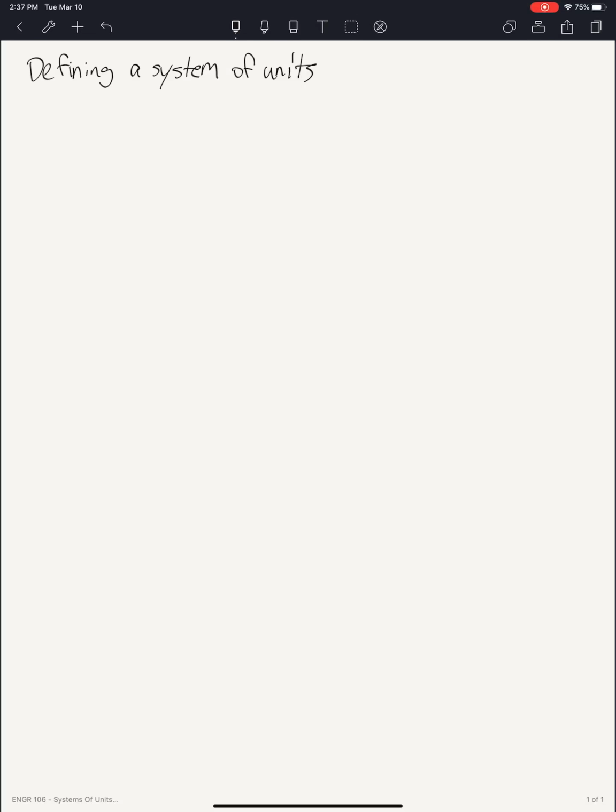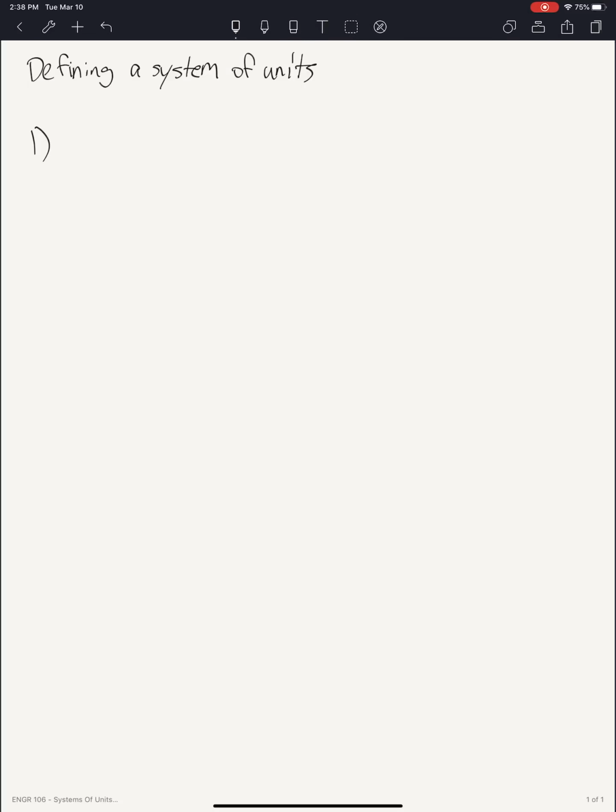And also how you should go about calculating things when it is convenient and when it's not. So, the first step to defining a system of units, and I covered this a little bit on Friday I suppose, so this is a little bit of review and then we'll talk about it for specific unit systems.